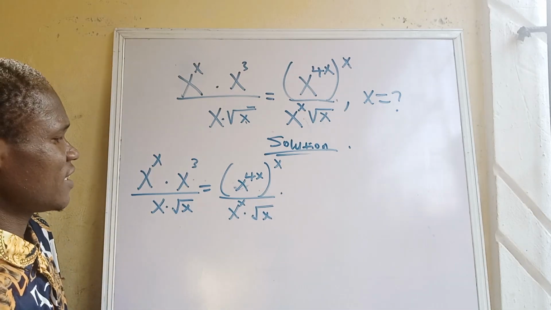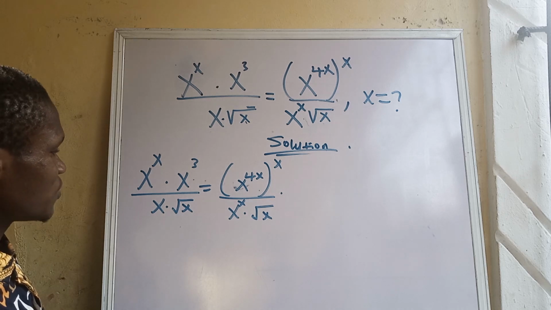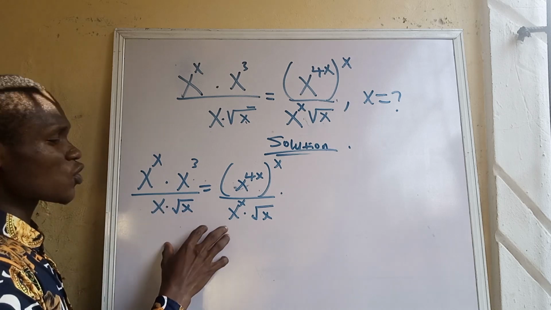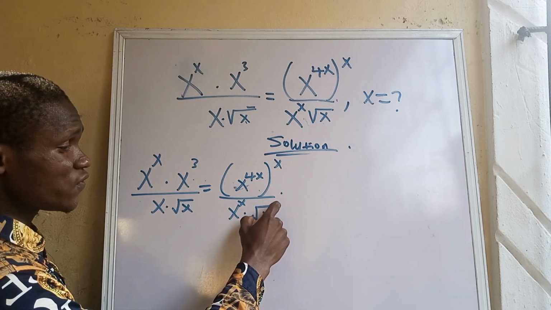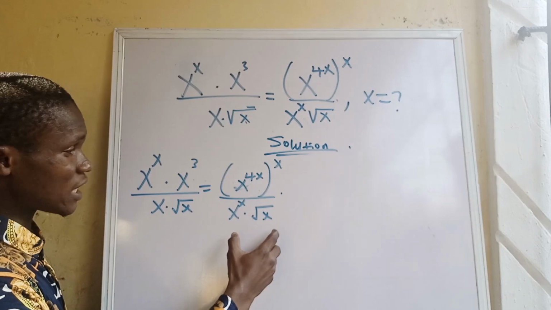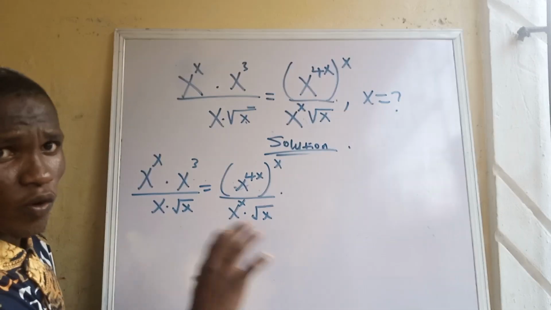Okay, the next thing we can do is this. We can do two things here. We can either square both sides to remove these radicals, or we can solve further without squaring both sides.